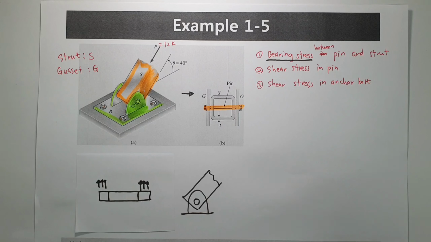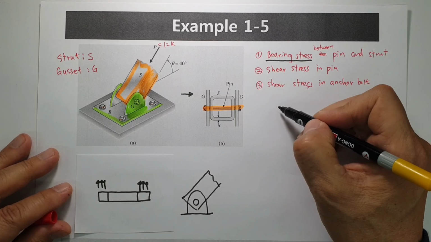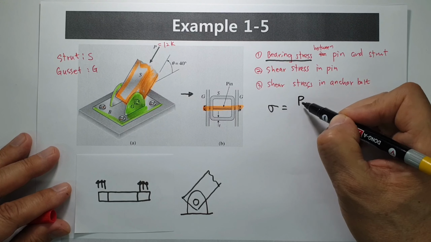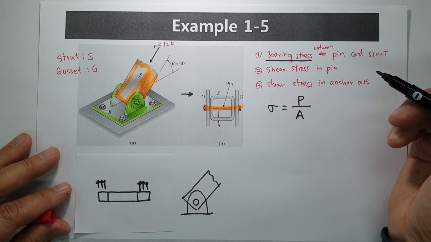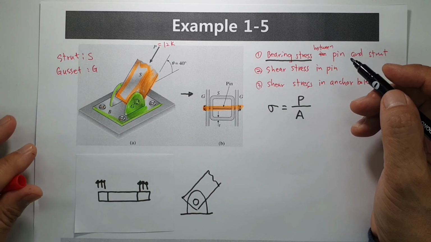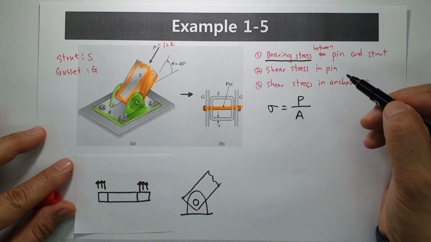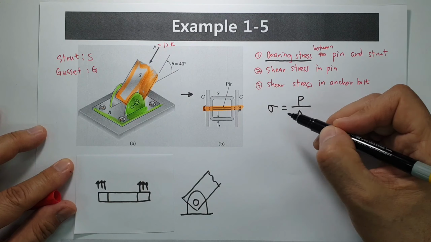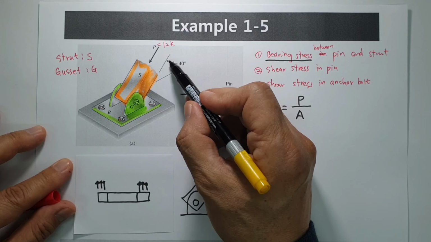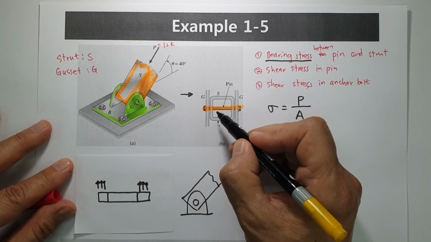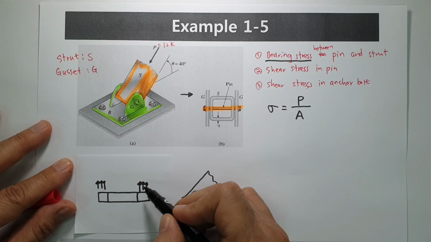Bearing stress. Stress is what? Stress sigma equals force P over the cross-sectional area. To find the cross-sectional area is very important. Here we find compression and tension, and in this one, at a 40-degree angle, some force P is acting.